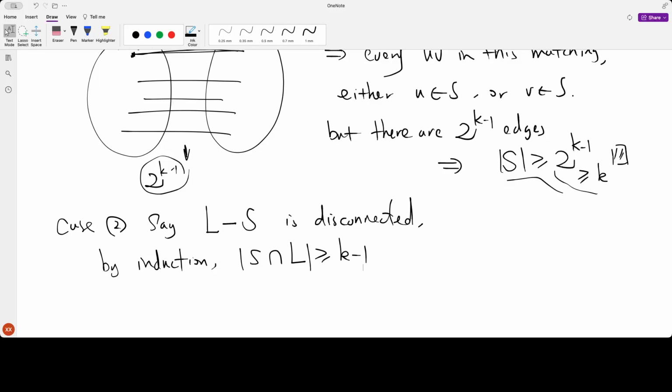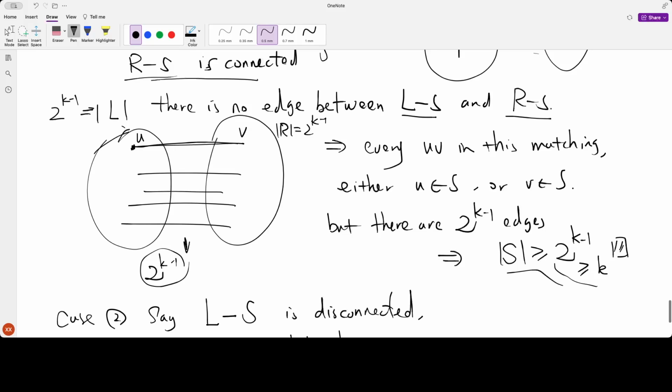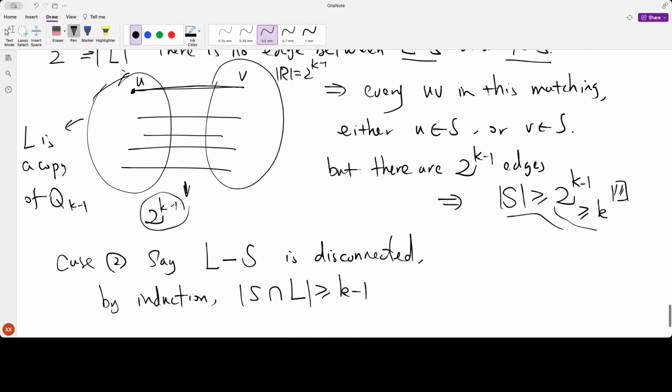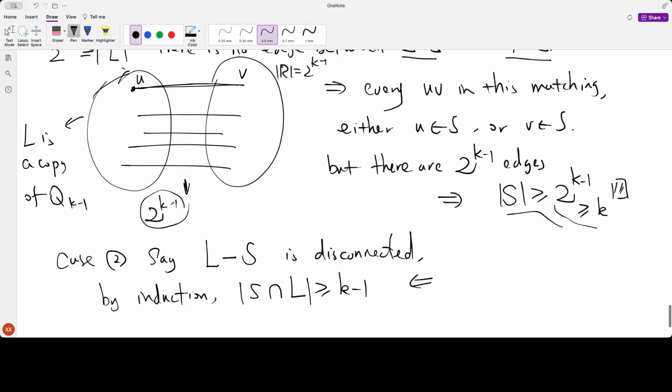Okay, because here L is a copy of Q k minus 1, but S disconnected. So it means that inside here, the intersection of S with L has size at least k minus 1. This is the induction hypothesis.